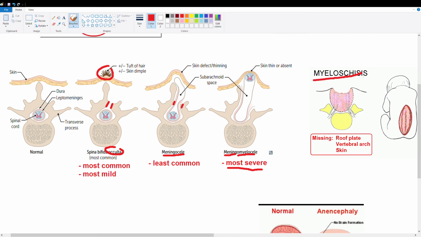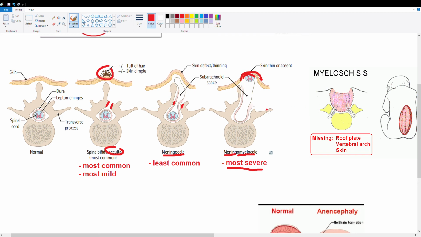Then we have myeloschisis. So this is actually even worse than meningomyelocele because it's the same thing, except now we don't even have skin or meninges covering our spinal cord. So those haven't developed at all. And we have our spinal cord open to the air, which is the easiest way to get an infection or damage. So this is open spinal cord myeloschisis.